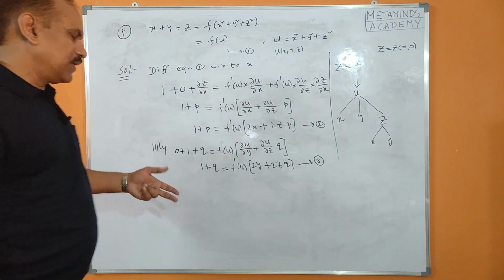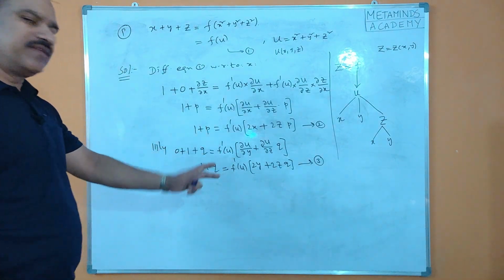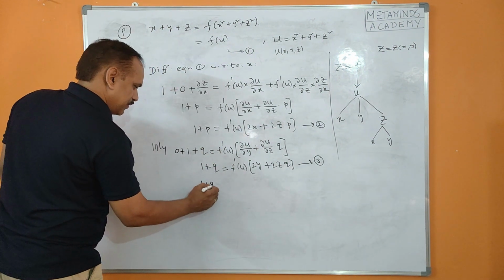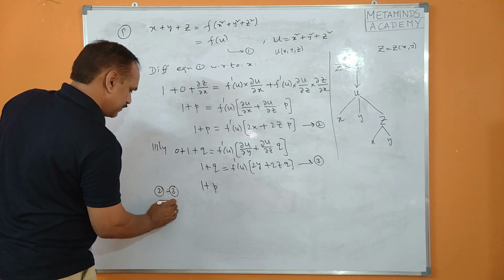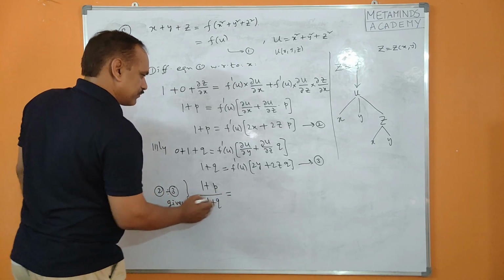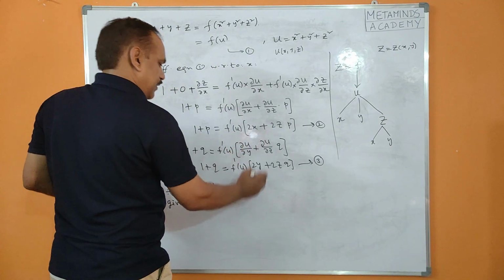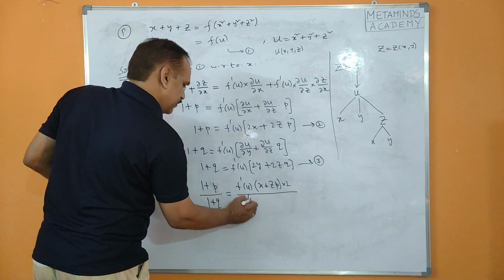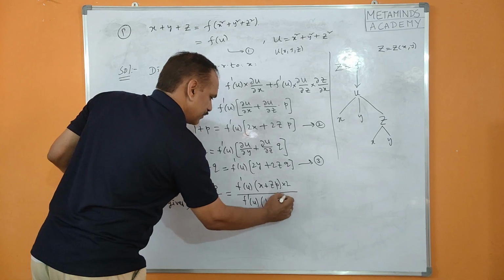Now if you divide equation 2 by 3, f dash u gets cancelled and f is eliminated. You need not take the help of the first equation. So 1 plus p divided by 1 plus q equals f dash u into x plus zp into 2, over f dash u into y plus zq into 2.